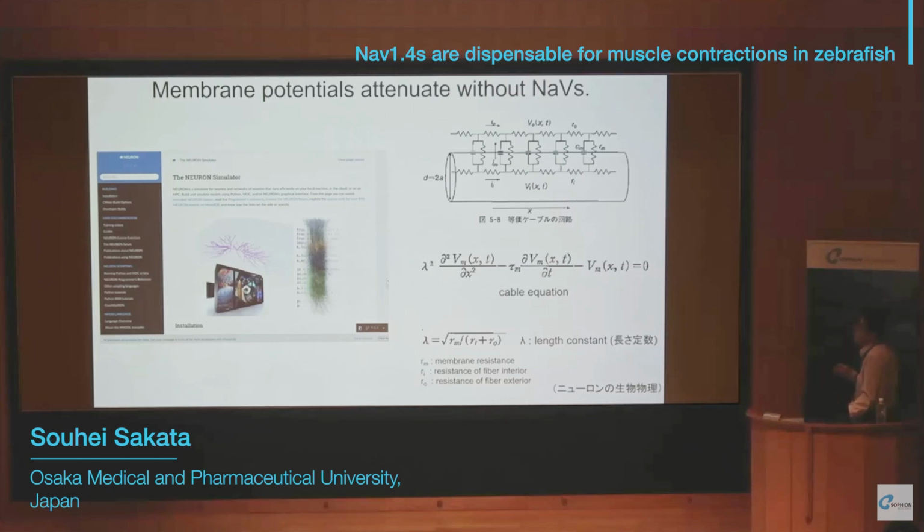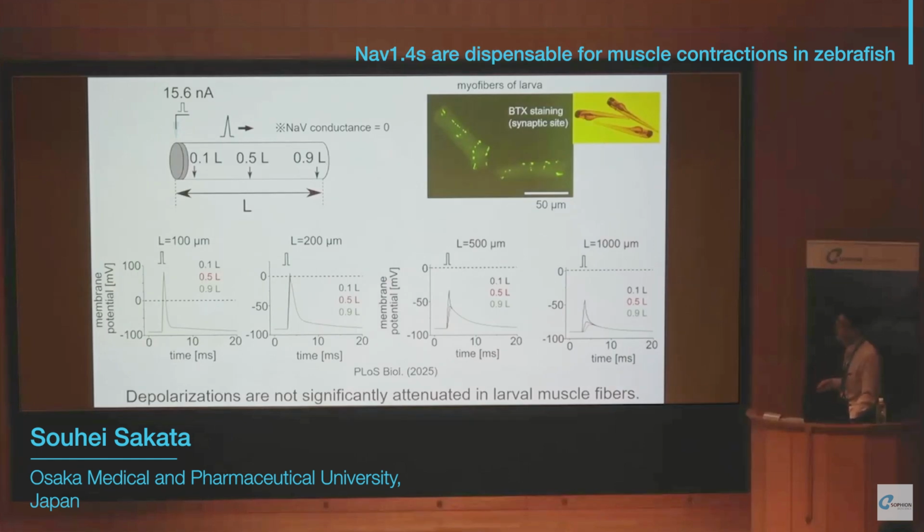This simulator has a model of a cylinder, and in this simulator, the axon is modeled as this cylinder. So we use this cylinder as a single myofiber, and depolarization and attenuation are calculated by cable theory. Here, we first estimated attenuation.